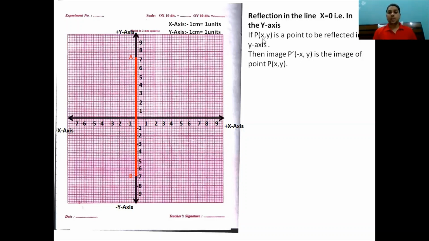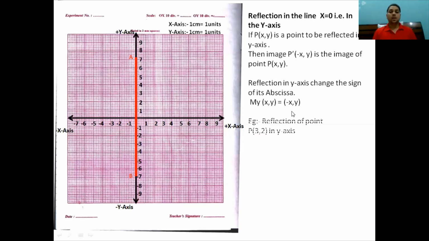If it is positive, change the sign of the abscissa in the image. So reflection in the y-axis, what is the rule? My (x, y), just change the sign of your abscissa here.